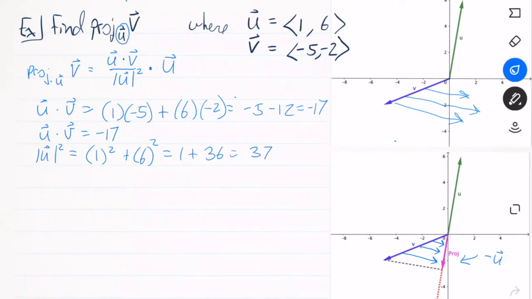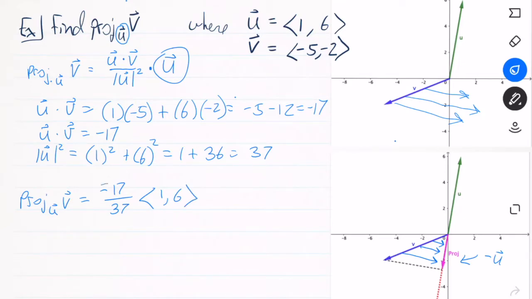So my projection of v onto u is going to equal the dot product, negative 17, divided by the magnitude of u squared, which is 37, and then I'm going to multiply it by the vector u, the one we want to go along, which is (1, 6). Now notice one thing about this.